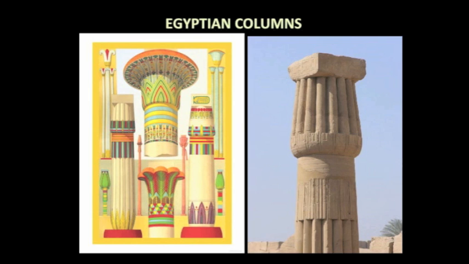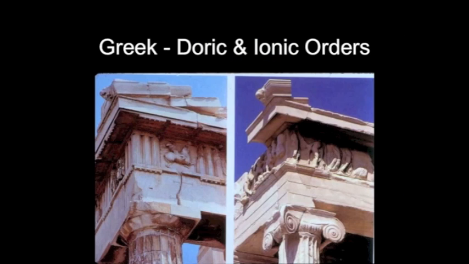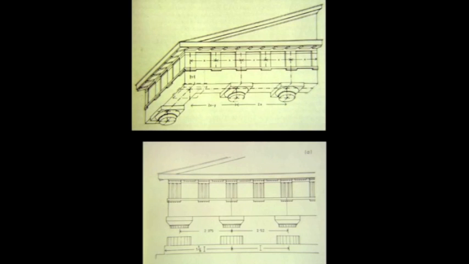In Egypt, there was this representation of an architecture of reeds and grasses, but it wasn't as systematic. With the Greek orders, not only do we know what the columns look like, but there's also a usual ratio between the diameter of a column and the height of a column.